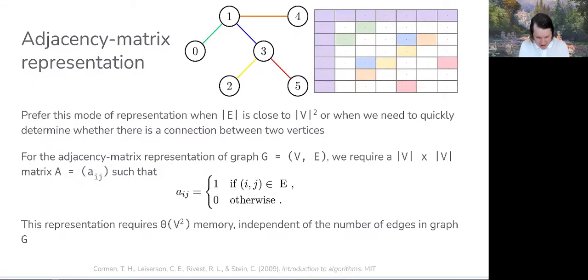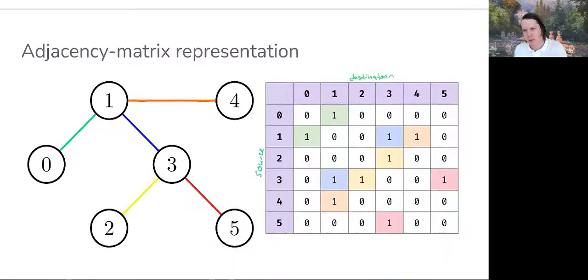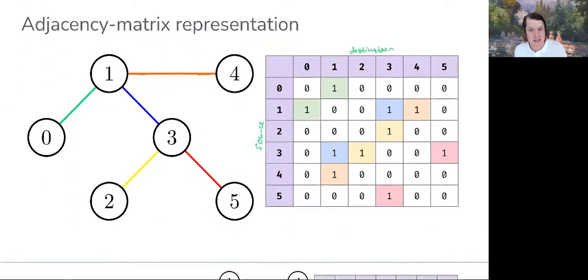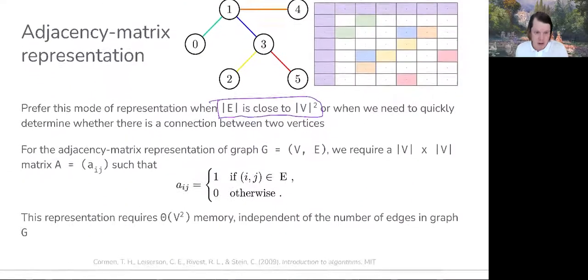This is essentially saying E is close to V squared, the number of edges is close to the number of vertices squared, which is communicating a very dense graph. And it makes sense because in that case, we wouldn't be wasting a lot of space on zeros as we would in a sparse graph.